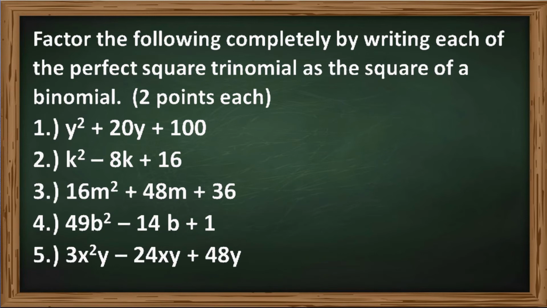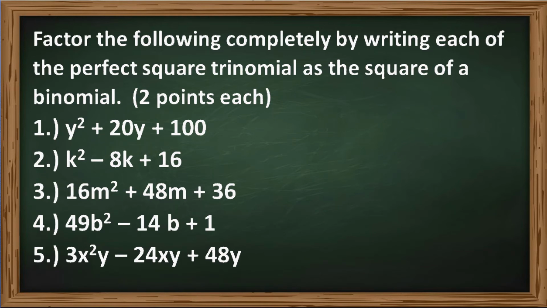Number 2, k squared minus 8k plus 16. Number 3, 16m squared plus 48m plus 36. Number 4, 49b squared minus 14b plus 1.